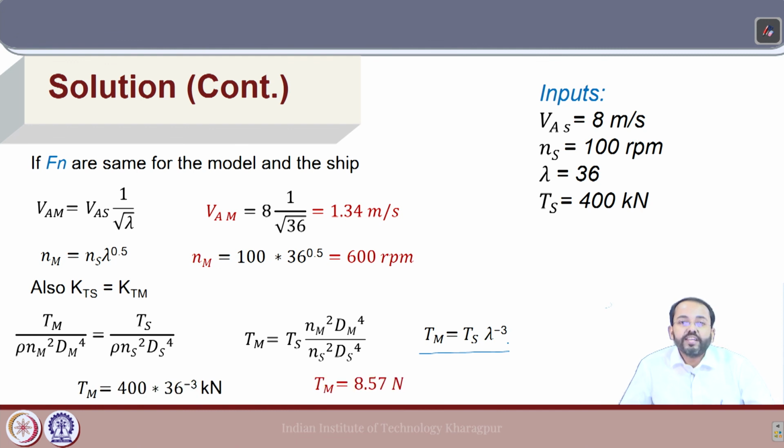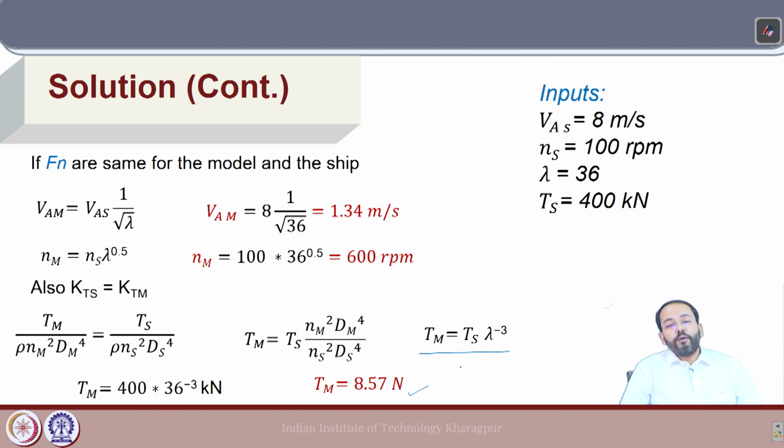So, the final thrust in the model scale will be very much lower than the full scale thrust, which is equal to 8.57 Newton in the model scale. So, here we see that the values are very much achievable within the limits of the model testing facility. So, we use Froude number similarity for ship model testing.